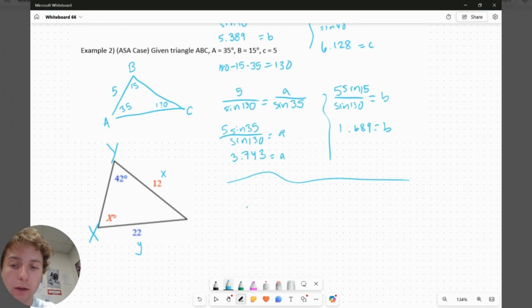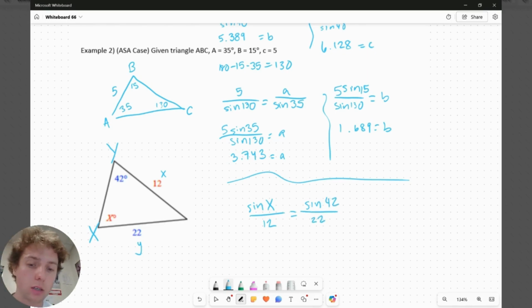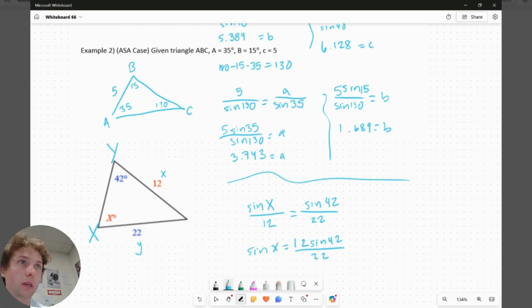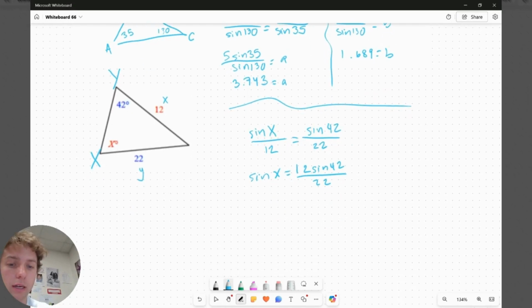So now I want an angle, so maybe I put the angle on top of the fraction this time. So sine X over its side. That means I would need sine of the other angle over side Y, which is 22. And the solving starts the same. We can still start by multiplying the value over. So 12 times sine of 42 over 22. You might type that into your calculator, but realize the next thing we have to do here is get X by itself.